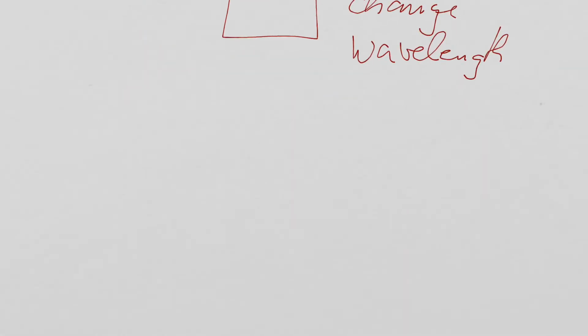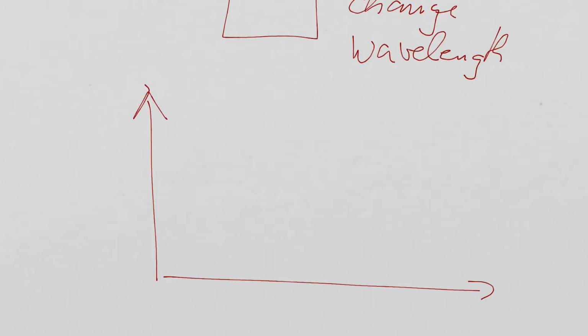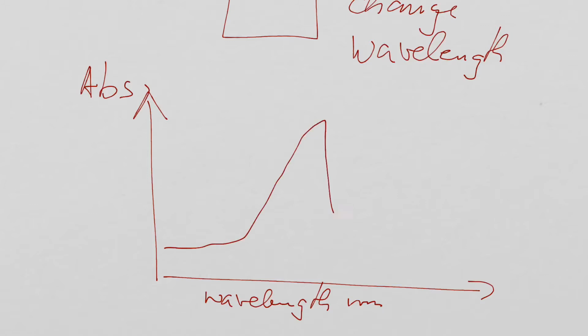We measure our absorbance, and here is the wavelength in nanometers. And what we will see for many substances is that there is one particular wavelength where this substance actually absorbs.